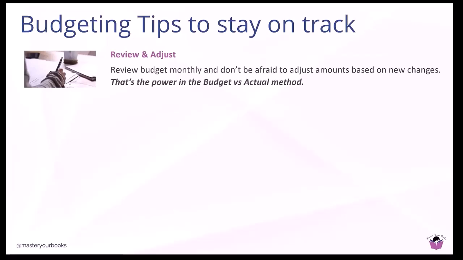No, we are reviewing the budget monthly and we're not afraid to adjust amounts based on new changes. Now, when it comes to adjusting, the adjusting actually happens on something that we call a rolling forecast, because the budget needs to stay the same. And you're basically looking at a budget versus actual to see what your monthly numbers look like.